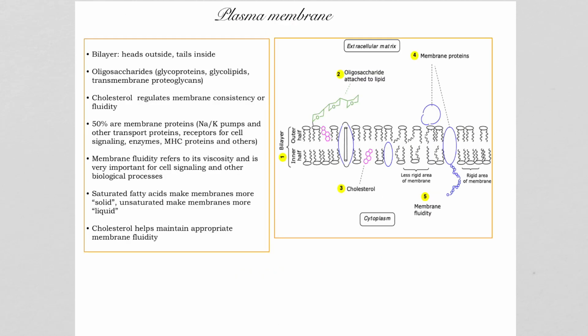So amphiphilic chemistry is what allows membrane formation. Let's look at some key points about membranes. We'll use the plasma membrane as an example. This would be the outside of the cell, and this would be the cytoplasm of the cell. First thing here, bilayer simply means the membrane has two halves, the outer half and the inner half.